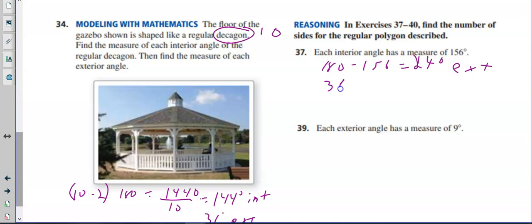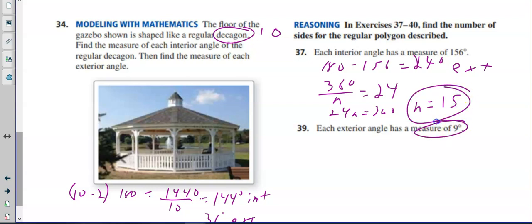Now, we know that there's 360 degrees divided by the number of sides, and that will be the 24-degree angle. So that's 24n equals 360. So n is 15.